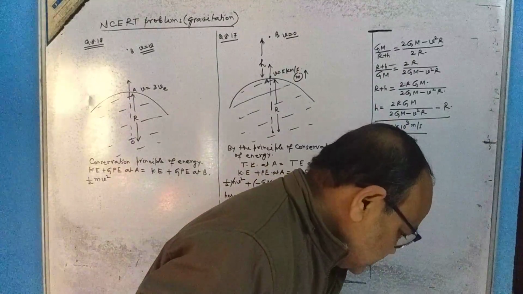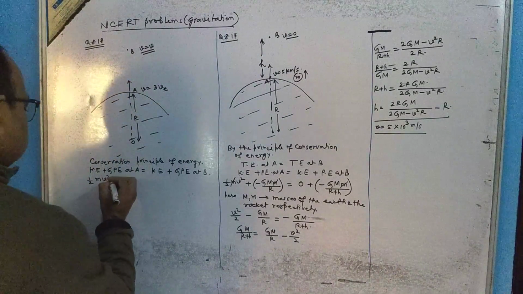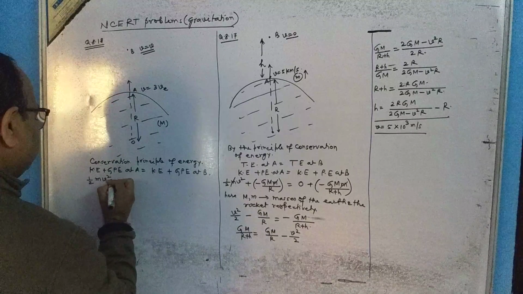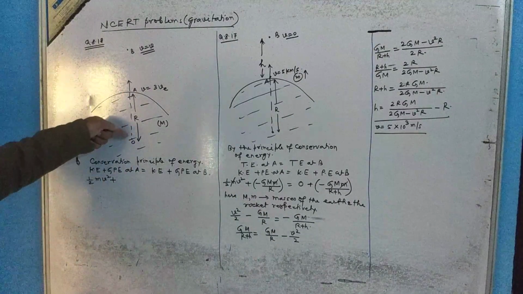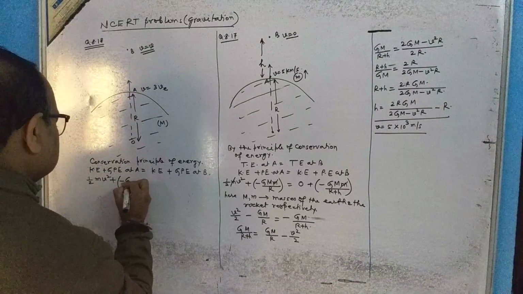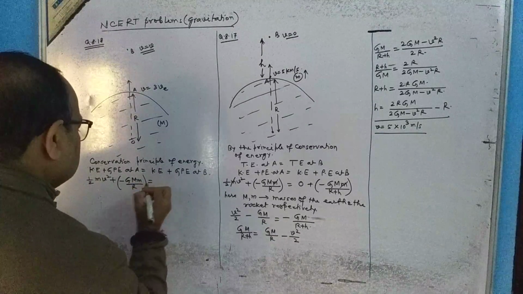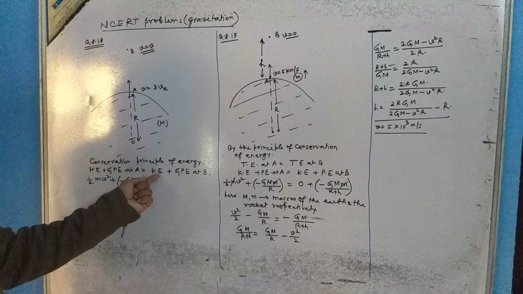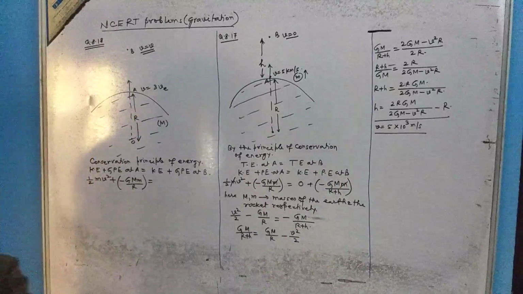Obviously, in this projectile, the mass of the projectile is small m. Mass of the earth is capital M. Plus gravitational potential energy. Here the gravitational potential energy will be minus G capital M into small m by R, just like the previous case. And here is the kinetic energy at B, where the velocity is taken as v.